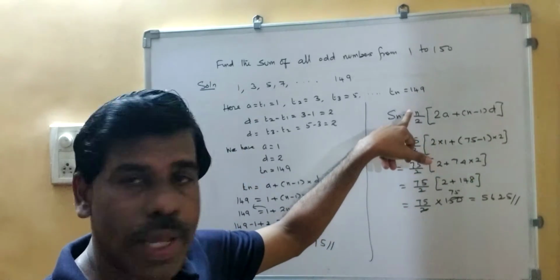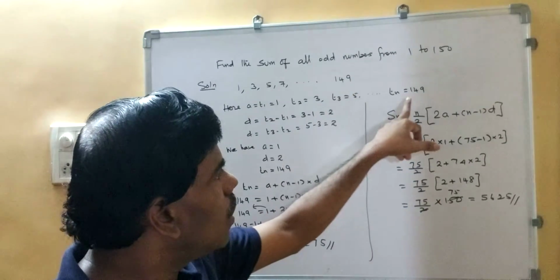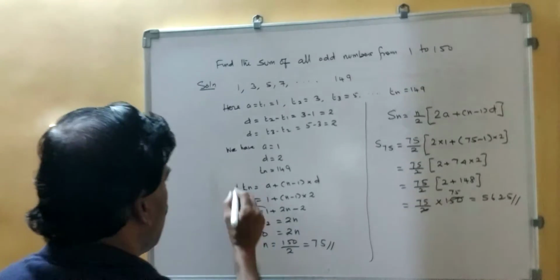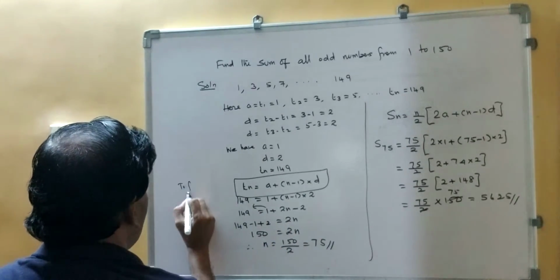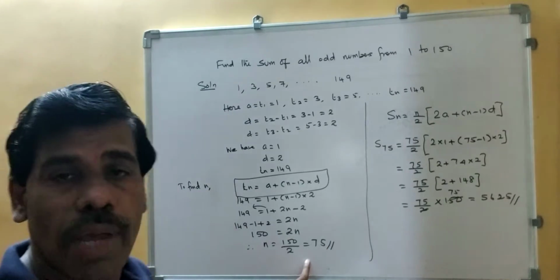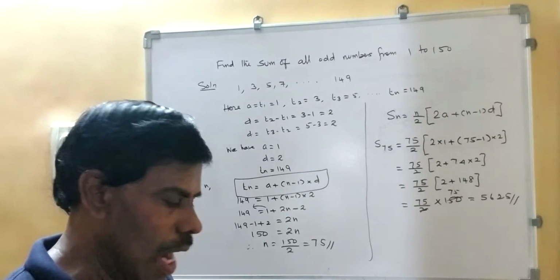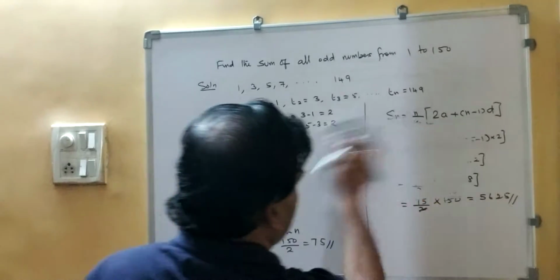Now what you have to find out? n. To find the value of n, they have given the nth term is 149. By using this formula we got the value of n as 75. Then you substitute and get the answer. Now we will see practice set 3.3.